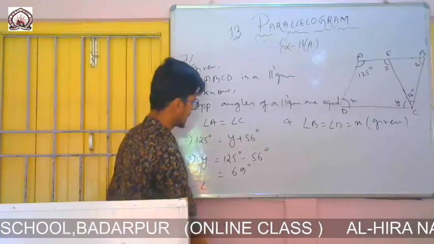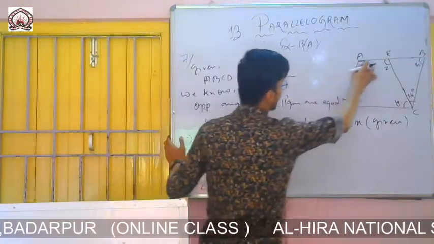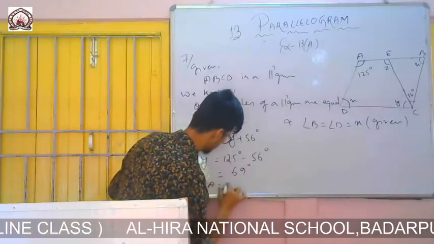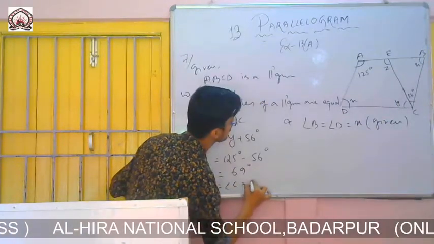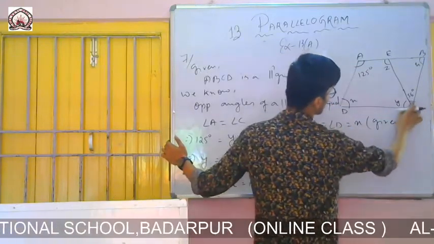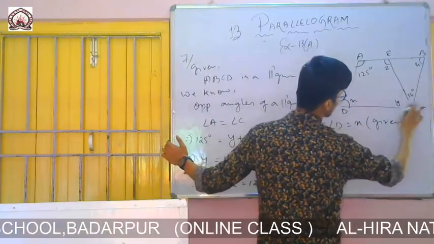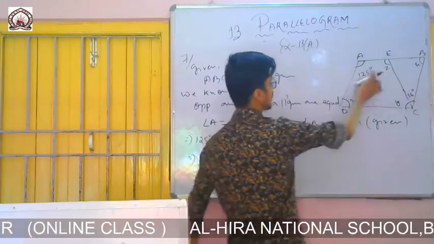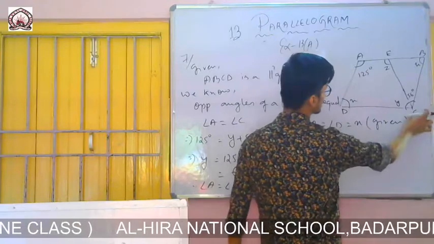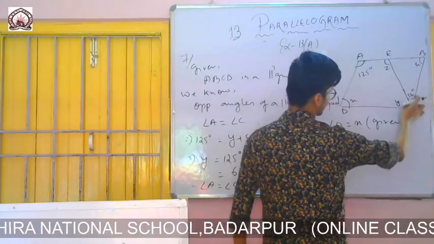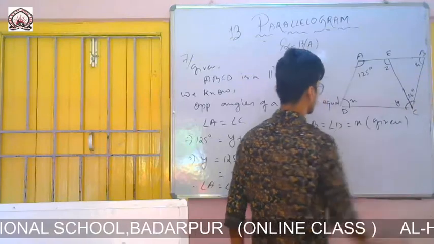That means I can write angle A equals to angle C, both of them are the same, equals to 125 degree. Simply remove these two, then it will be one angle, and this one and this one are equal. So ultimately I can write angle A equals to angle C, which is equals to 125 degree.